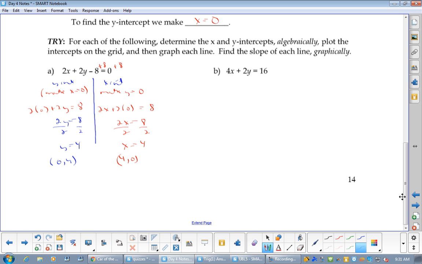So if I was to graph this quick, here's 0, 4. Here's 4, 0. My line would go through there. Do I need to do another one of these, or are you getting it? Pretty easy?